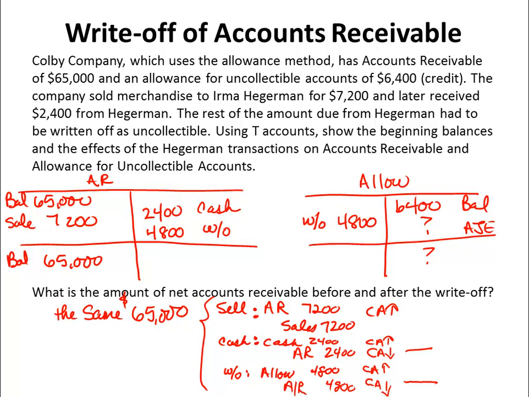Notice also there's no change in the accounts receivable account balance when there is a write-off. So sometimes that's a trick question. How is that going to impact the ratios when you write off? It doesn't. What is the balance in accounts receivable before and after write-off? It's exactly the same. So just be aware.